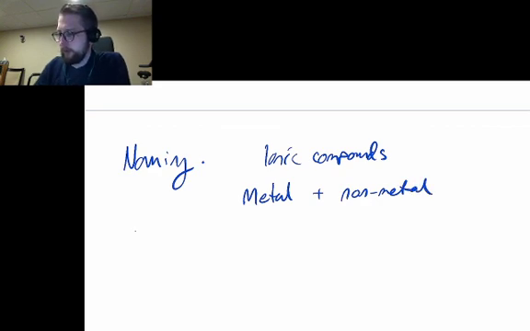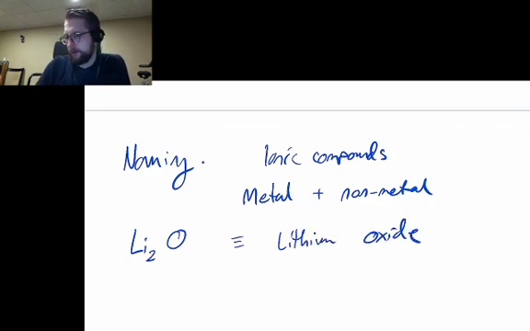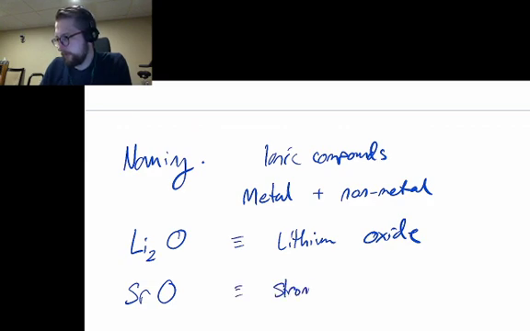So for example, if we did lithium and oxygen, this would be known as lithium oxide. If we went SrO, then we would call this strontium oxide.